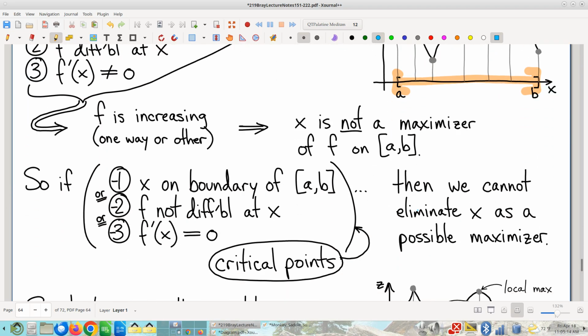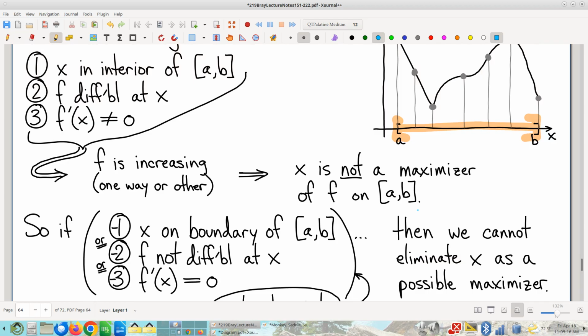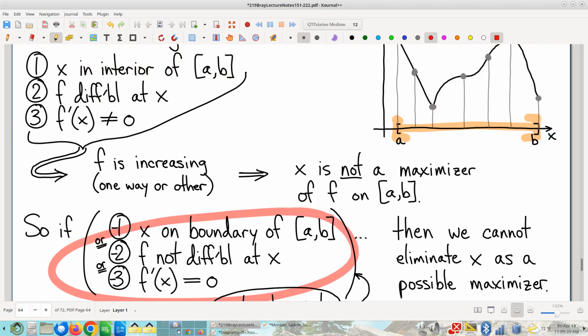The only points that we can't eliminate, let's see here if I can fit this on, are points that are boundary points. I might need to go in a direction that I can't go because I'm on the edge already, so that might be a problem.